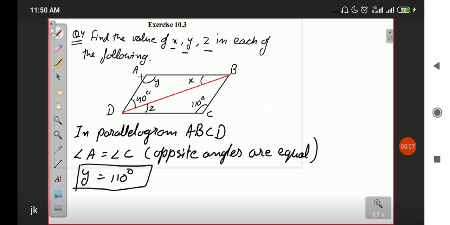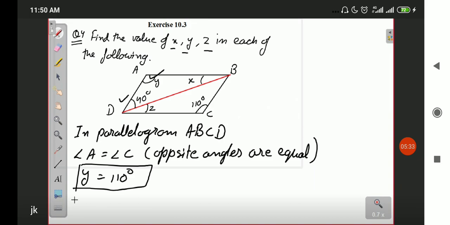Now see triangle ADB. In triangle ADB, we know two angles. Angle A, which is y, is 110 degrees and angle D is 40 degrees. By using the angle sum property of a triangle, that the sum of all the interior angles of a triangle is 180 degrees, we can determine the value of x.